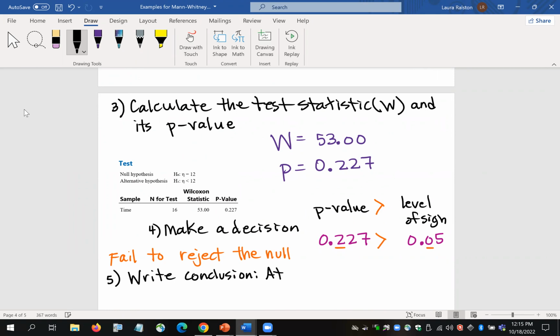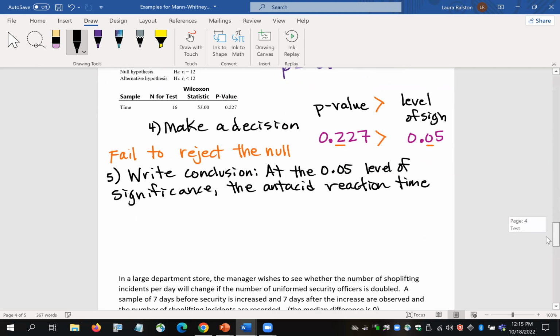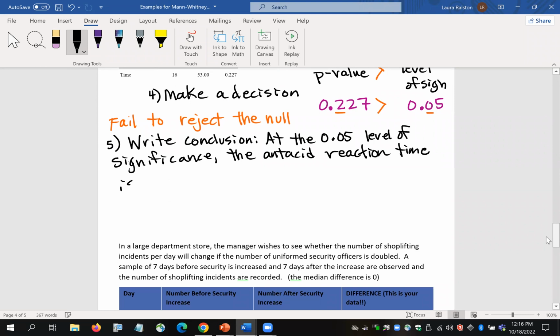So we would say at the 0.05 level of significance, the antacid reaction time is not less than 12 minutes.